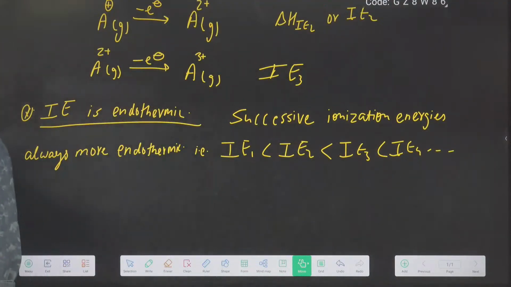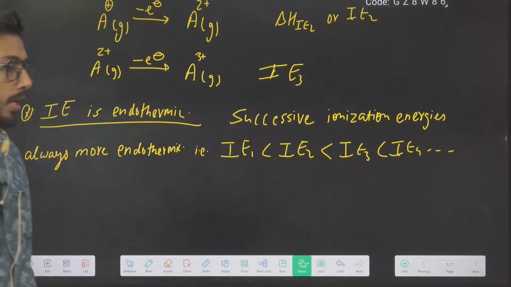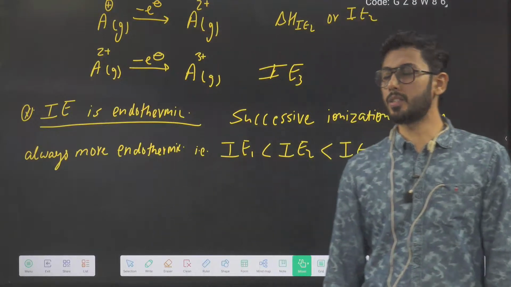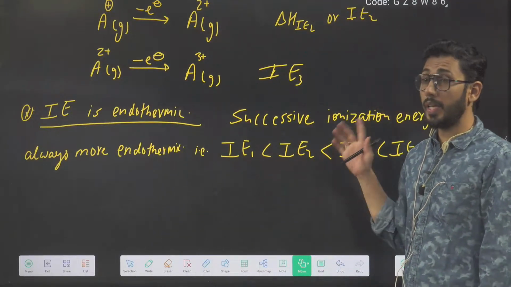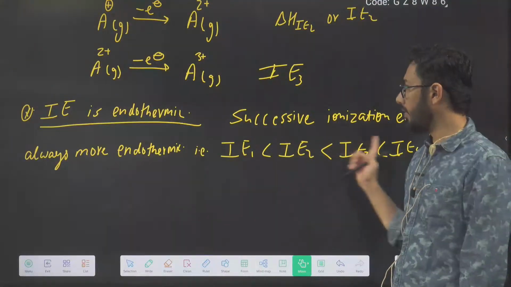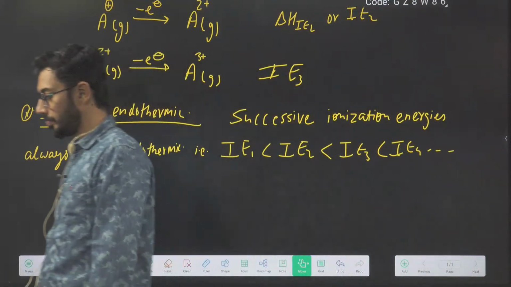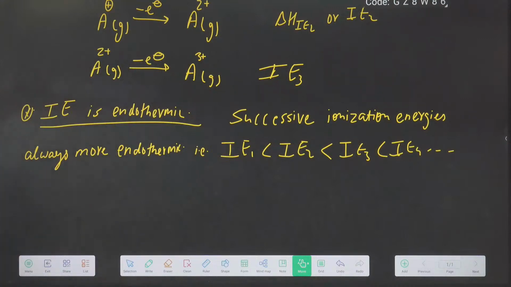Because more is the positive charge coming, strongly electrons are bound to the nucleus, hence more and more energy given, irrespective of whatever electronic configuration is achieved by the element. Bolo, till this point, getting it?